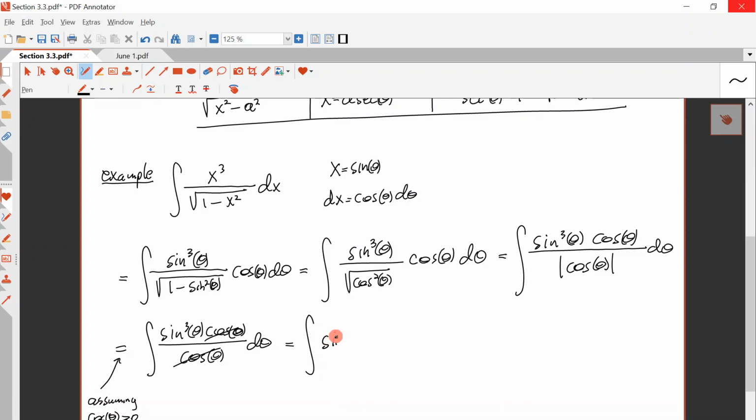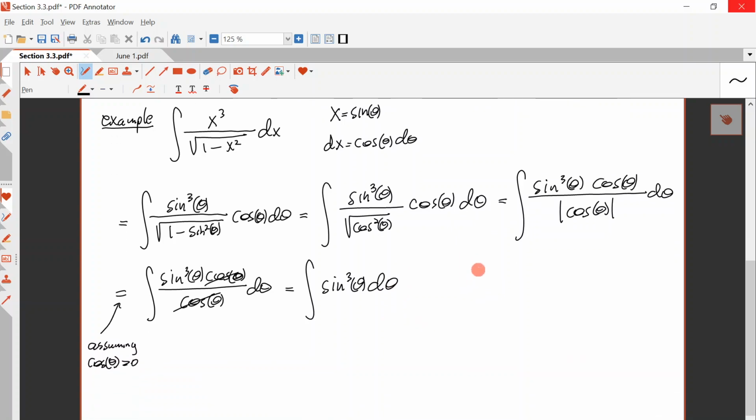So it becomes the antiderivative of sine to the third. And now, okay, we have one of these products of sines and cosines, just like we did in the previous section, section 3.2.